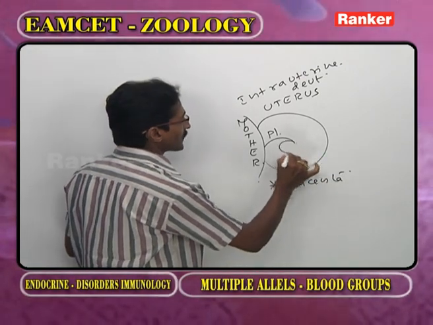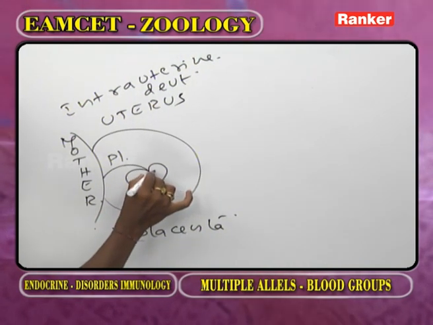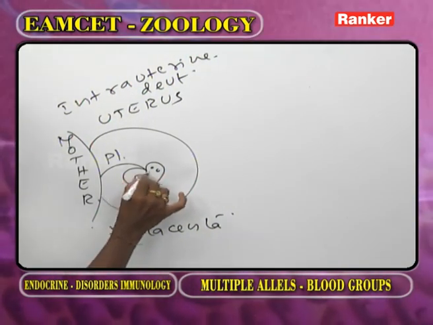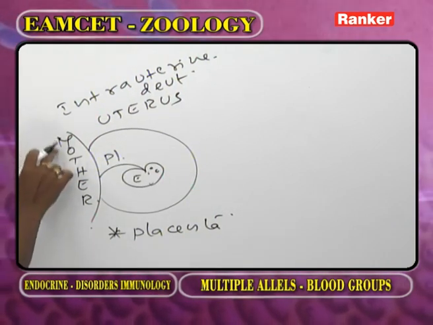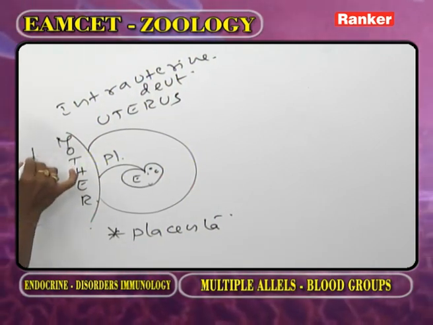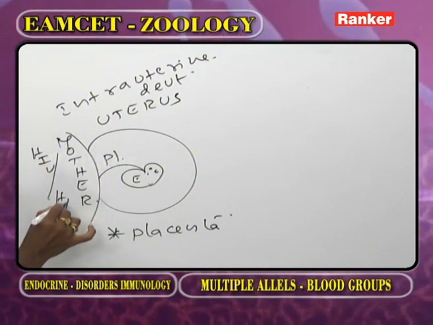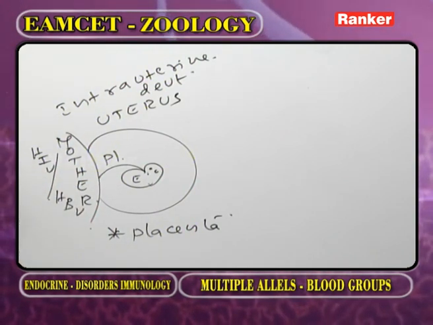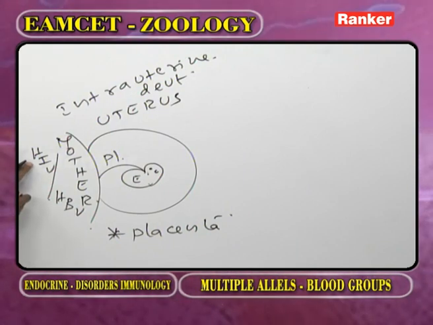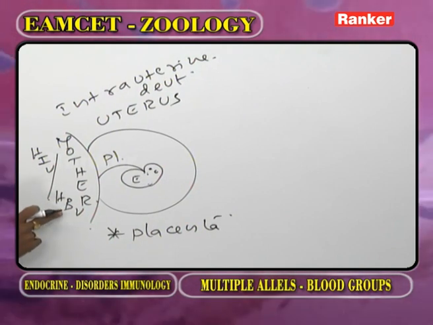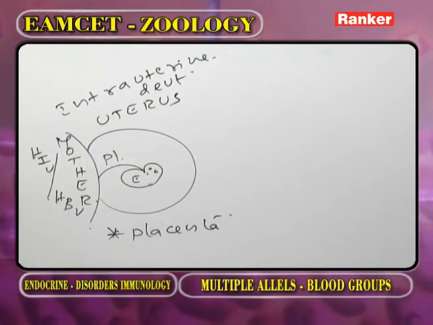Attached to the placenta, what is present? The embryo is present. Now this one we call the embryo. Now the mother has been suffering from the HIV virus and HBV virus. The transmission methods for HIV and HBV are almost all the same.